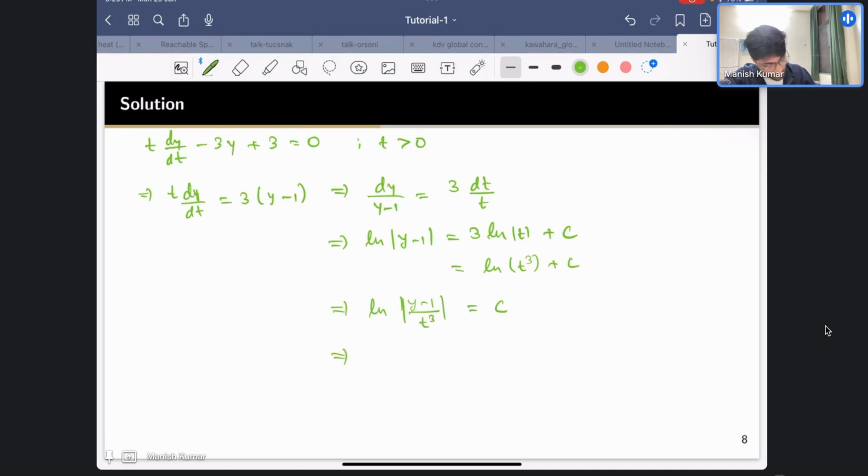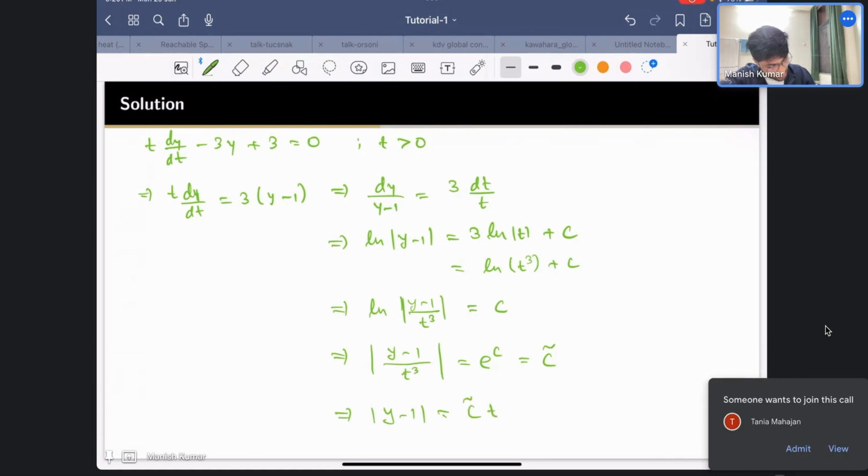If I remove the mod, I'll get y minus 1 is equal to e raised to power c. Again I'll call e raised to power c a constant, c tilde. So we get mod y minus 1 equals c tilde t cube.